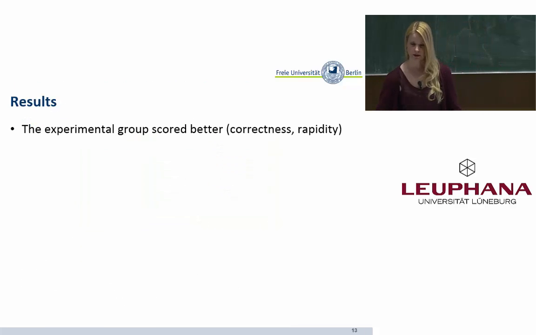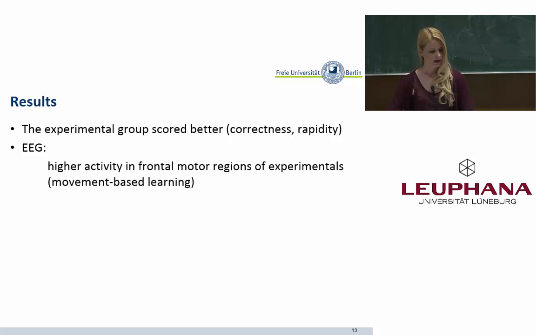The experimentals, those who learned it with movement, scored better. They answered correctly and faster than the others. And the EEG recordings, the brain activity recordings, showed higher activity in frontal motor regions of experimentals only. So there was activation in these centers only of those who had learned with movements.